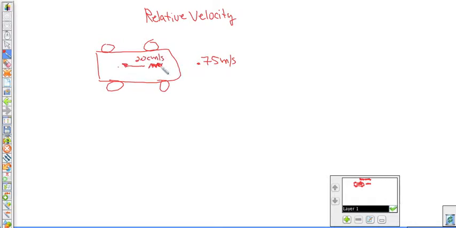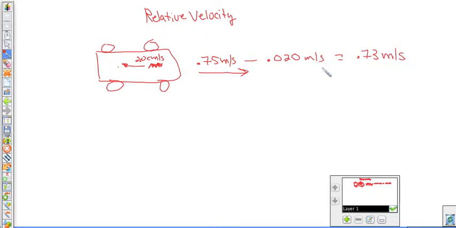So that caterpillar relative to the ground isn't going the full 0.75 meters per second because it's walking backwards. So all you'd have to do is subtract it. It's going to be 0.020 meters per second, converting centimeters per second to meters per second. So that equals 0.73 meters per second relative to the ground.